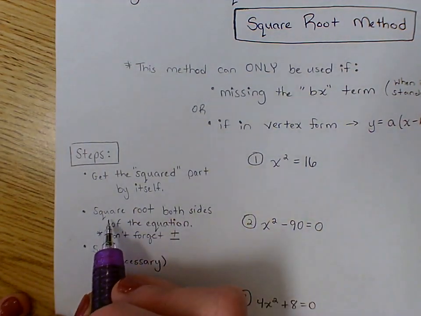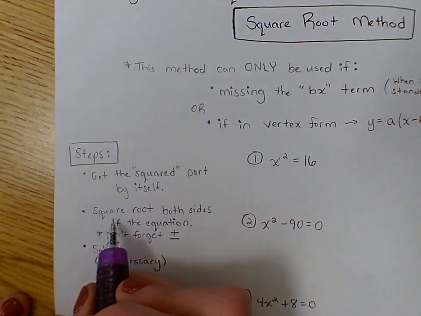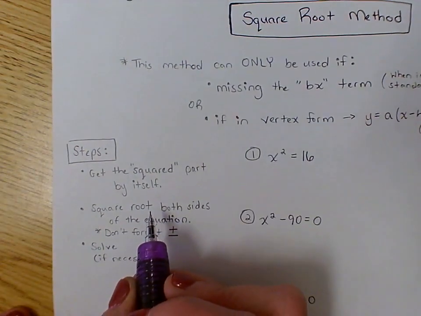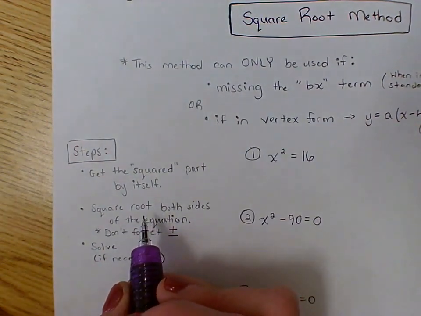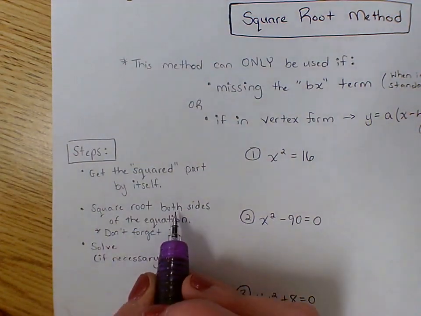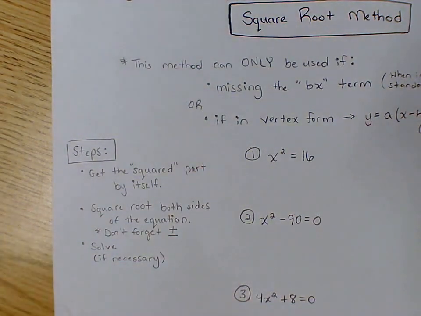Once that's happening, then the opposite of squaring something is square rooting. So to get rid of the square, you square root, because remember, you're trying to get x by itself. So you got to get the squared part off. You're going to square root both sides, because what you do to one side of the equation, you got to do to the other to keep it balanced.